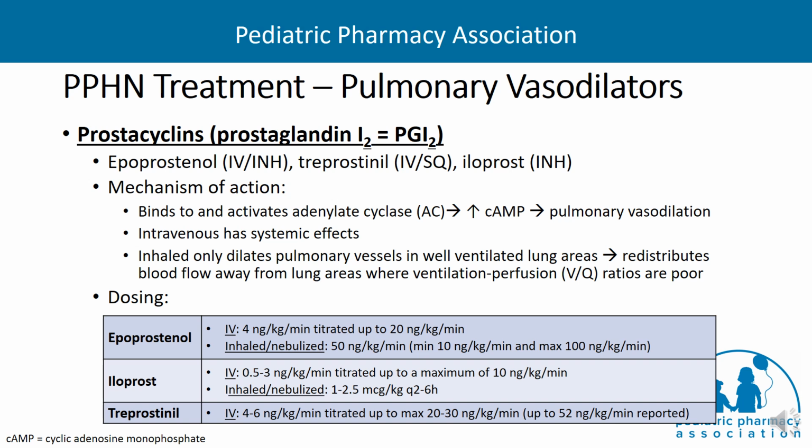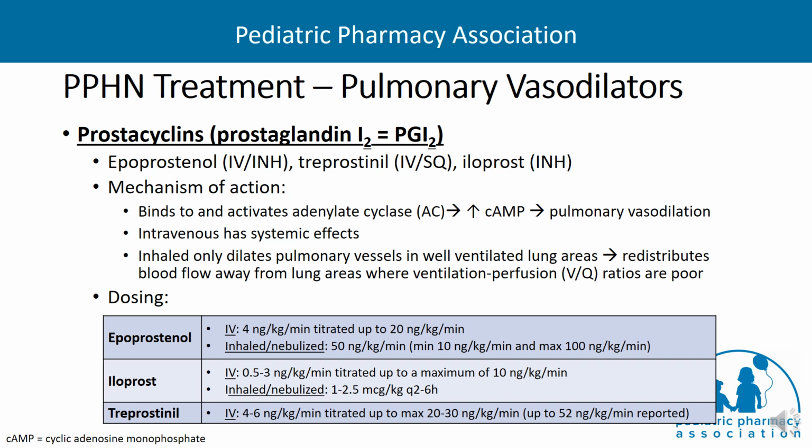PGI2 medications cause pulmonary vasodilation by increasing the production of cyclic AMP. Both the intravenous and aerosolized or inhaled routes have been utilized for various PGI2 medications, and the dosing is really limited to case series and retrospective evaluation, so not as set in stone, but I'm going to go through some of the literature for the different dosing strategies that have been utilized.